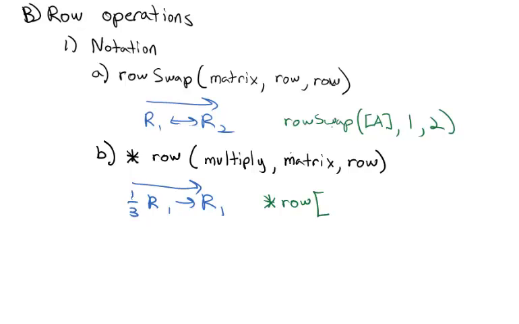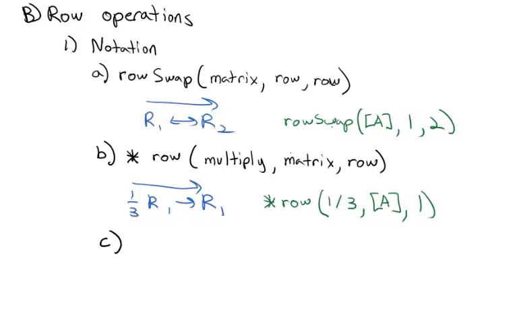We're multiplying by 1/3, comma, the matrix. Just for conversation, we're going to say matrix A. And the row we're multiplying is row 1. Actually, it's not a square bracket. It's a curved bracket. And that'll multiply the row by the number.